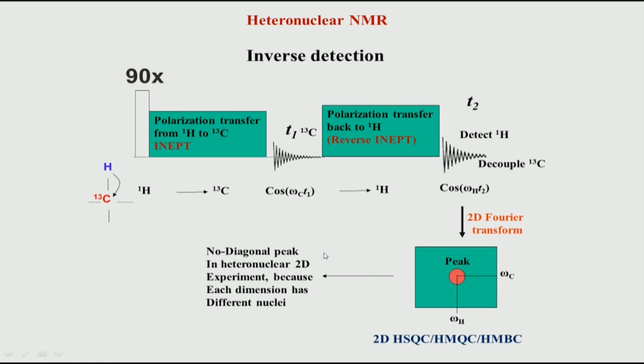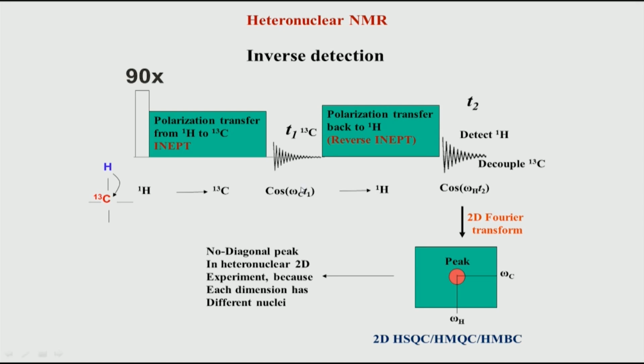Before we move on, an important point to note is what has happened here. If you look carefully at these terms, one is carbon and another is hydrogen. But if you recall, in the homonuclear case, we had the same proton twice, because as I said last time, you cannot transfer complete polarization from one hydrogen to another hydrogen.